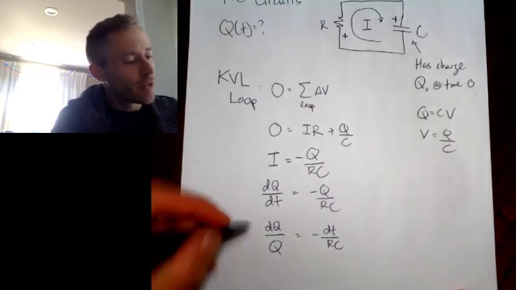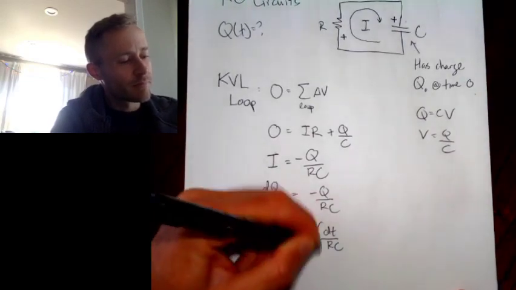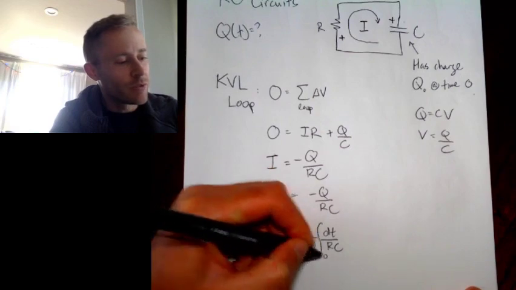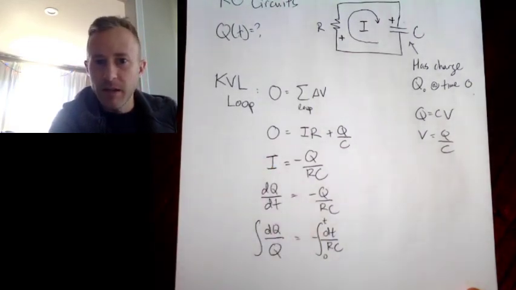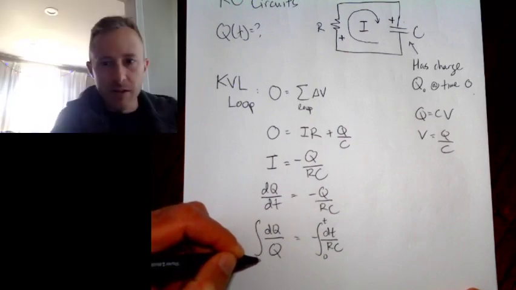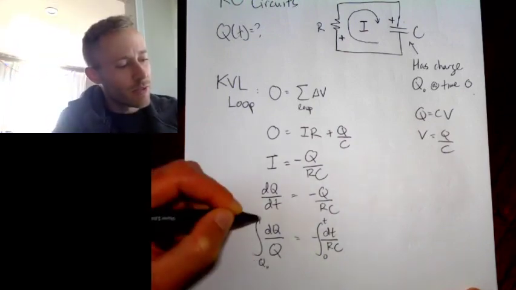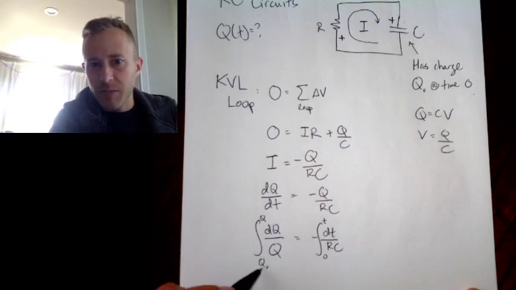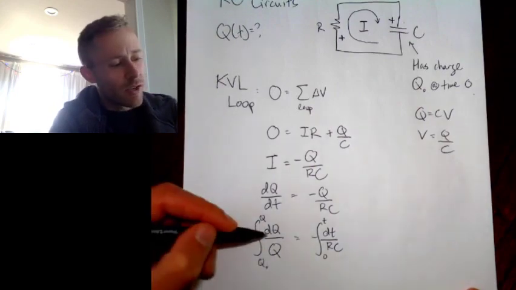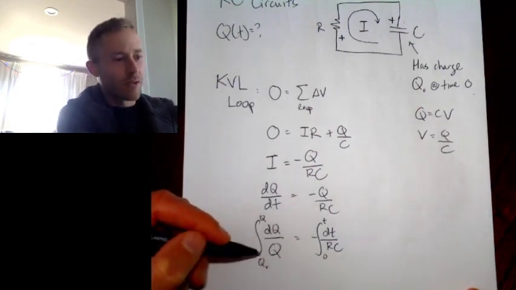And then I'm going to integrate both sides. I'm going to integrate the right-hand side from 0 to time t, and I'm going to integrate the left-hand side from Q naught to Q, because at time 0 we have charge Q naught. So this is a logarithmic integral.